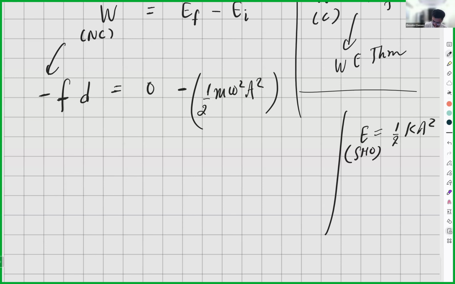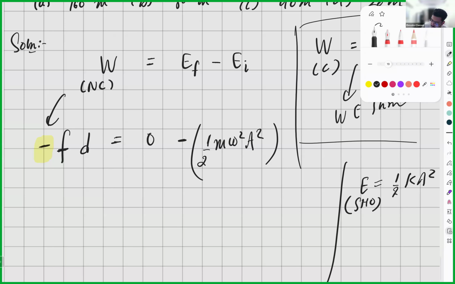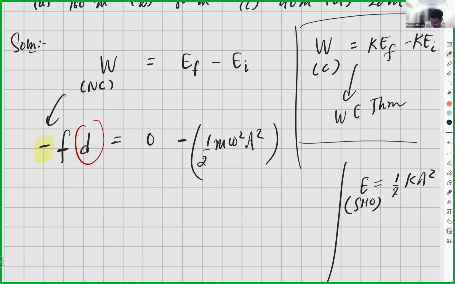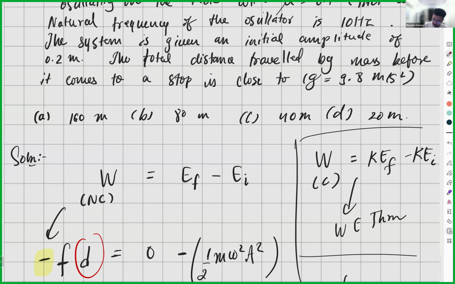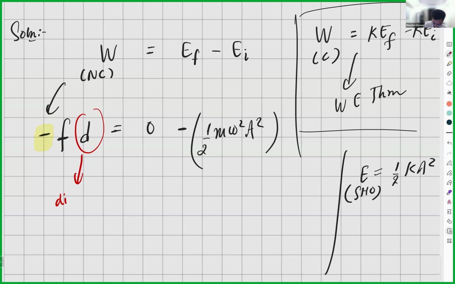Now friction acts opposite to the displacement. That is why there is a negative sign. Wherever the displacement of the block is, the friction will be opposite. And this d is the displacement, or the total distance, after which the block comes to rest.